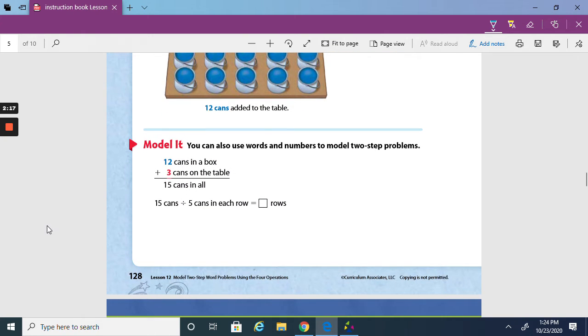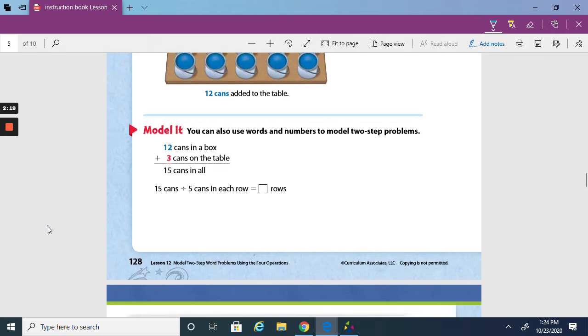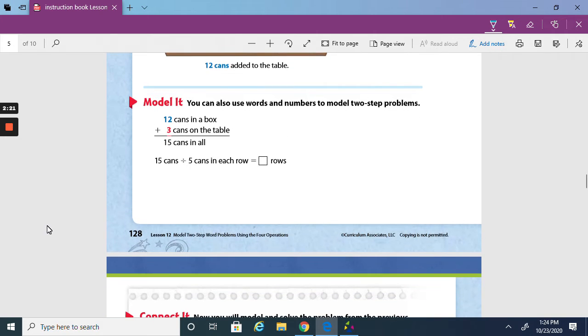You can also use words and numbers to model a two-step problem. If I take the 12 cans that are in the box and I put them together with the 3 cans on the table, I'm going to use addition because I'm putting something together. That will give me a total of 15 cans.